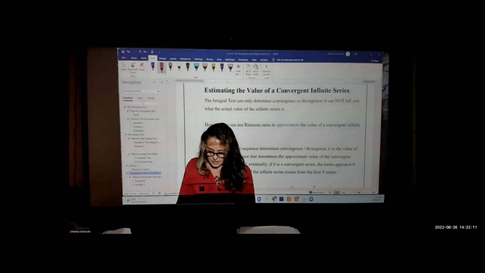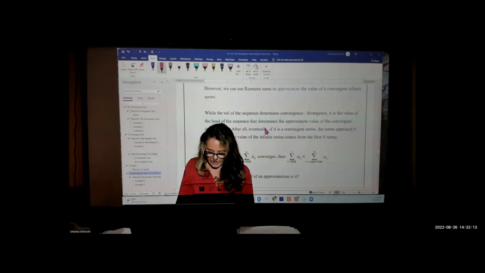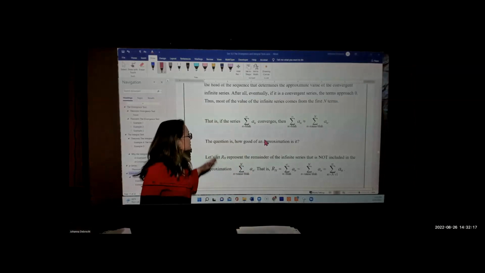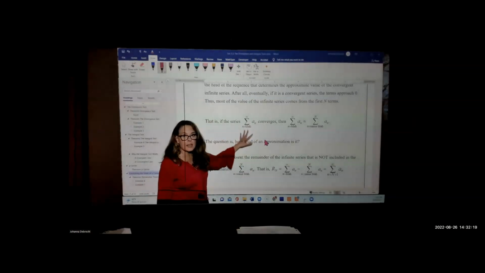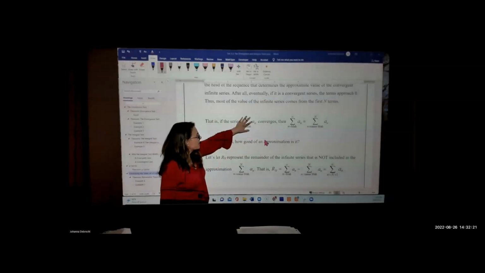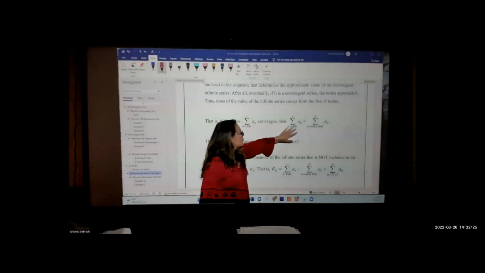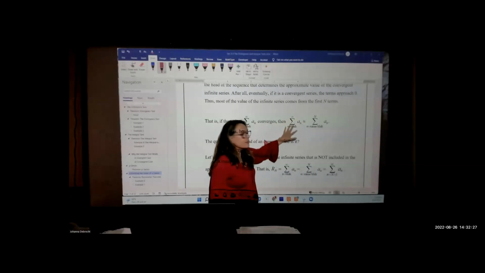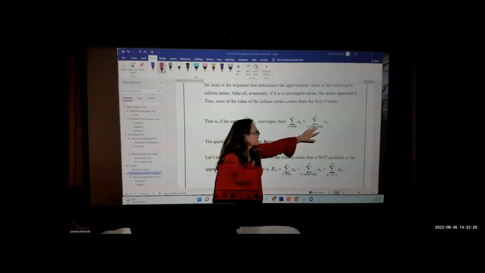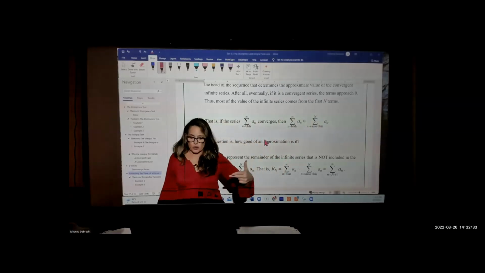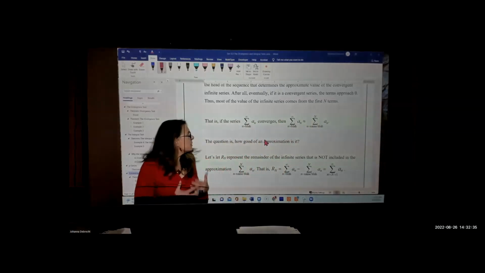Now, what we're going to do in this particular case is, instead of taking the infinite sum, the infinite series if it converges, we're going to approximate it by only adding up the first uppercase N terms. So what are we doing there?